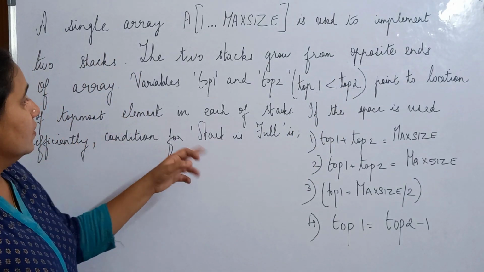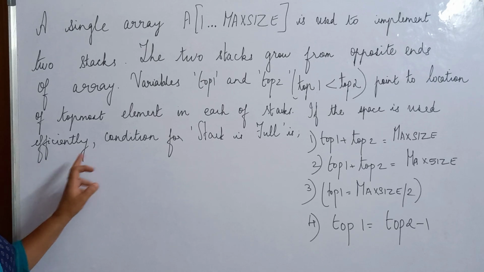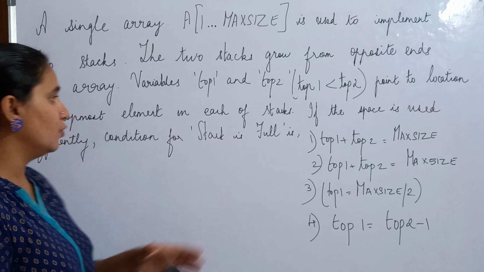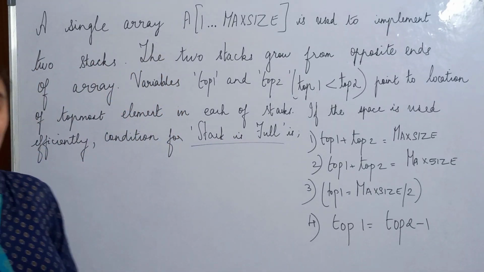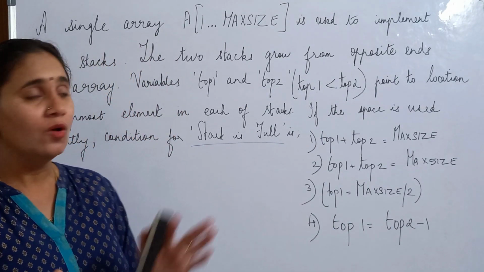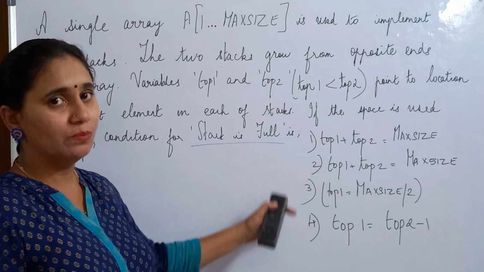Then, if the space is utilized efficiently, what is the condition for the stack to be full? If the array and the two stacks are used properly, what is going to be the condition for the stack being full?